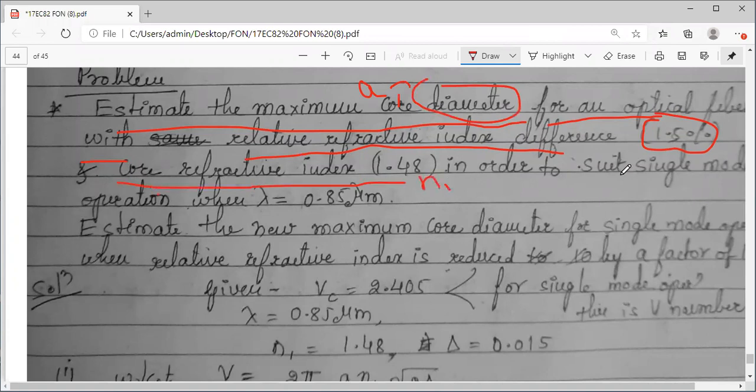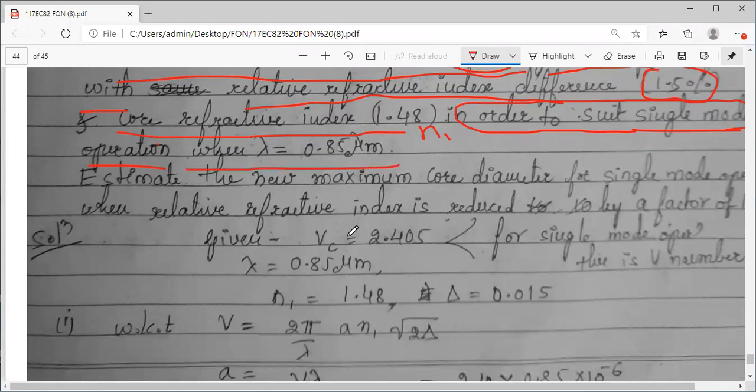In order to suit single mode, identifying which concept the problem applies to is important. No doubt the problems are very simple direct substitution problems, but which formula to apply during the examinations, when you are studying all five modules' concepts, is a bit difficult. So identify that this is important. In order to suit single mode transmission, lambda is given to you.